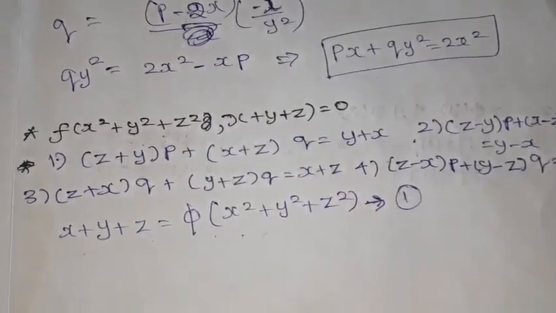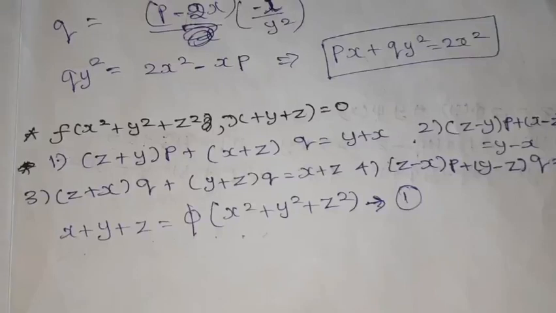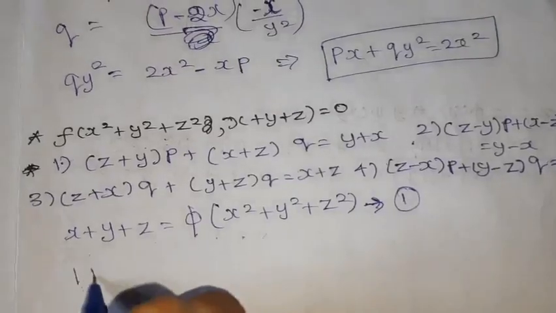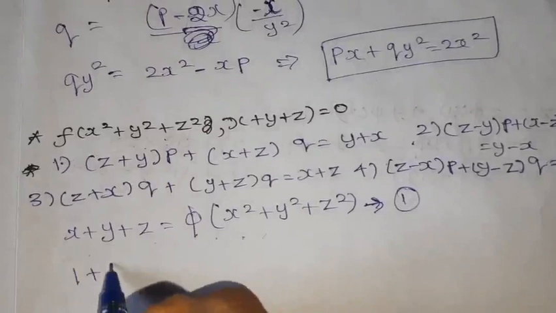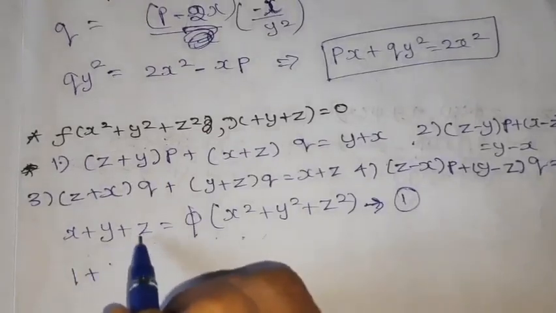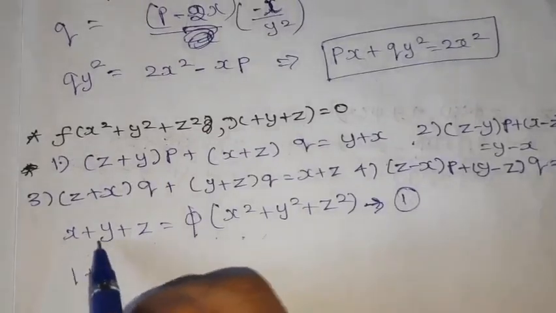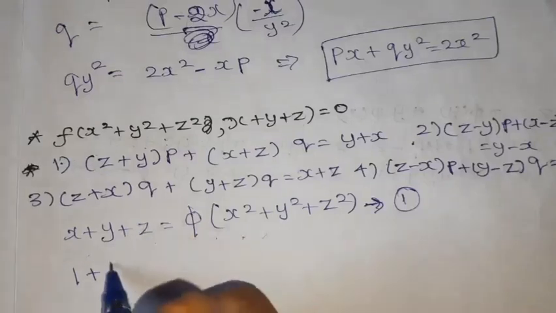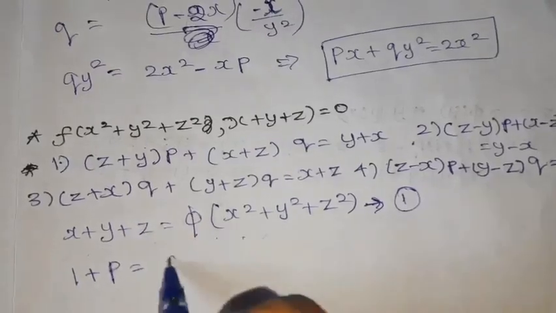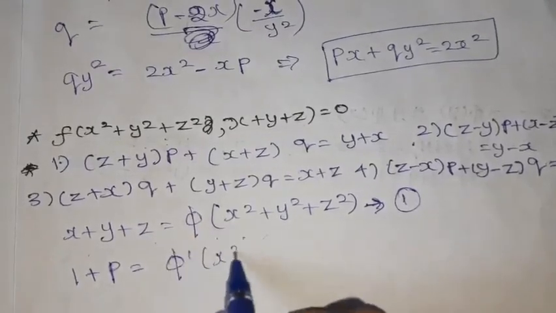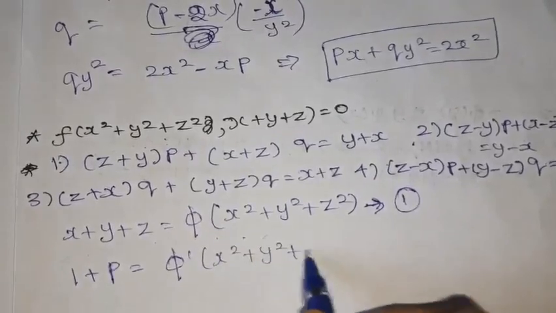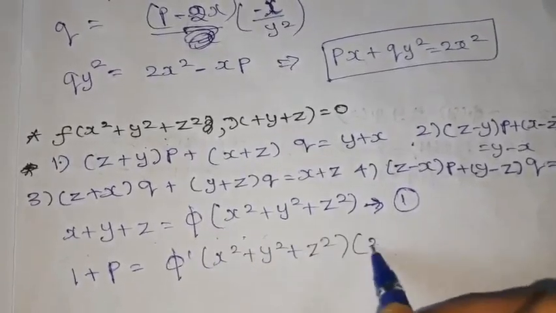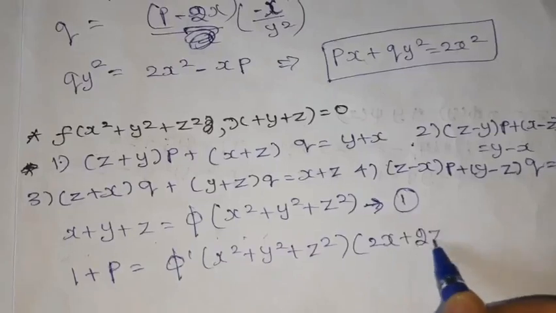So what we need to do first? We need to differentiate partially with respect to x. 1 plus dou z by dou x, which is nothing but p. Then phi dash of x square plus y square plus z square into 2x plus 2z into dou z by dou x equal to p.